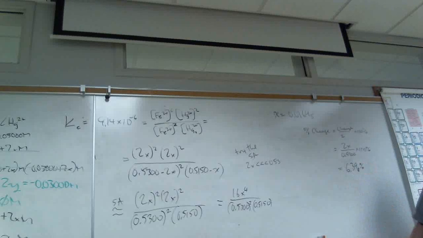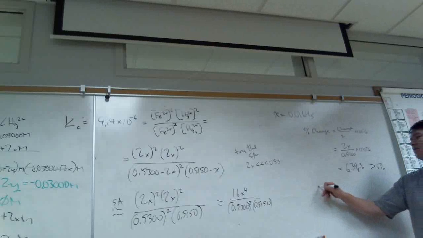Thanks. Oh, this is no good, right? Because this exceeds our 5%. So is the simplifying assumption valid or invalid? Invalid. But maybe for the other one it might be valid.